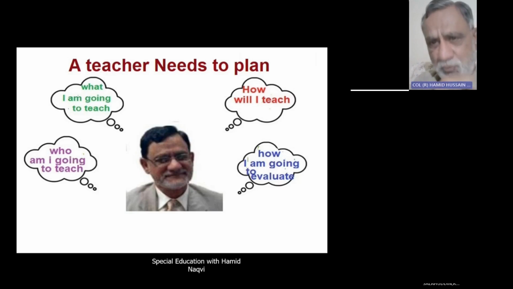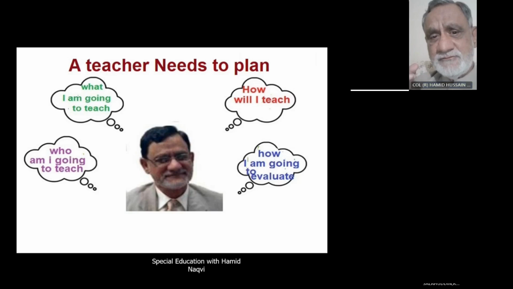Some prose, some poetry, some drama, or some grammar, some essay writing, some comprehension. What I'm going to teach? Okay, I'm going to teach them poetry today. And in that poetry, maybe there's a poem of Wordsworth, which I'm going to teach to them. Daffodils.